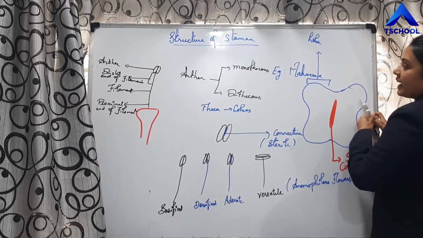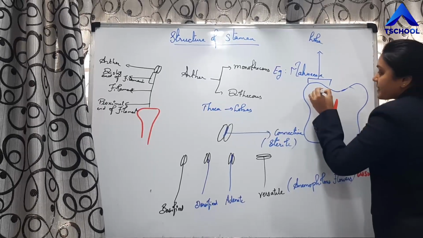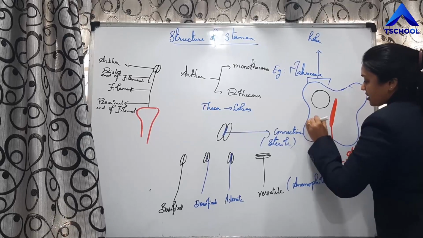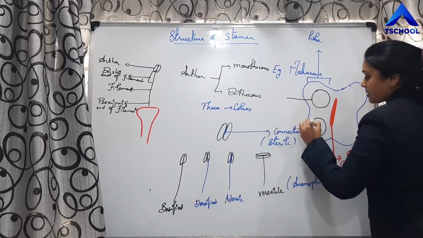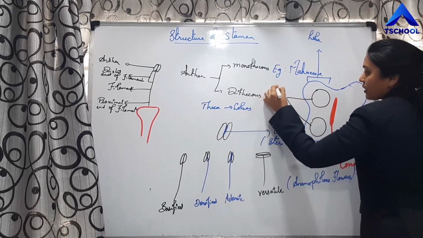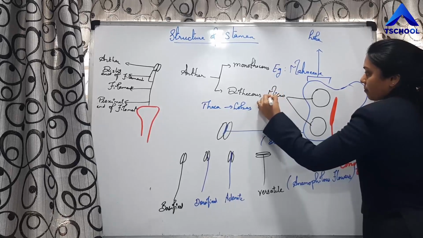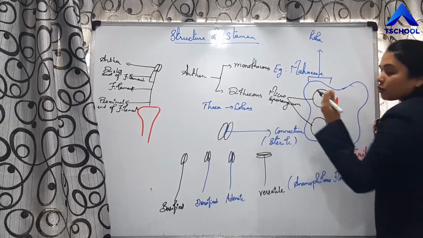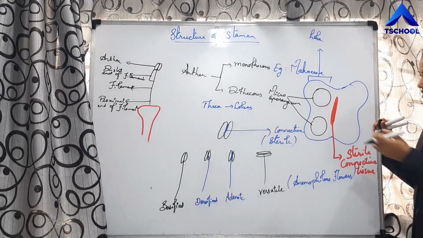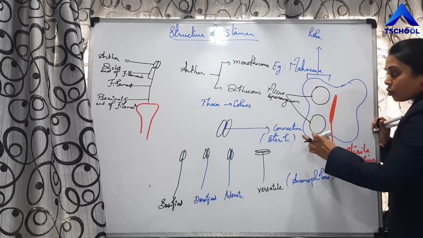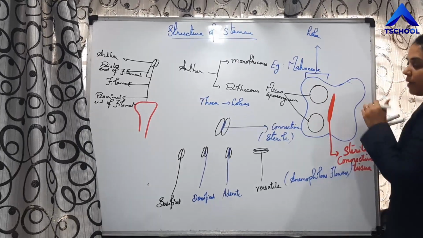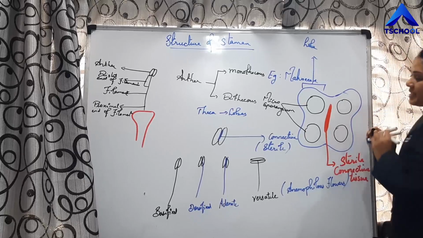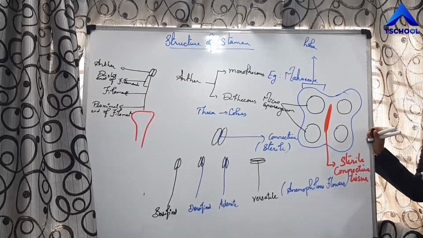Each theca of the anther will possess two microsporangiums. Right? So this is called as microsporangium. Those are the sac-like structures. One anther lobe will possess two microsporangiums. Another anther lobe will also possess two more microsporangiums.